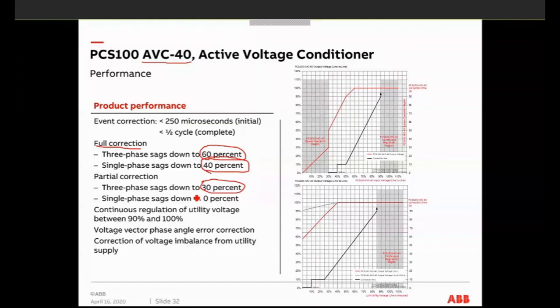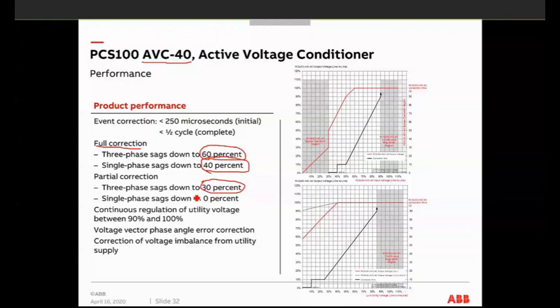And it will give you a partial correction if that 1 MVA load has a voltage sag that remains at 30%. So let's say this 30% can be lifted to more than 70% of the voltage. Also for the partial correction for single phase, if there is 0% voltage remaining, there would be a partial correction.